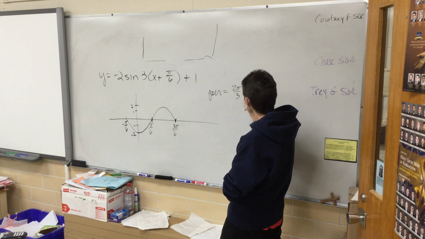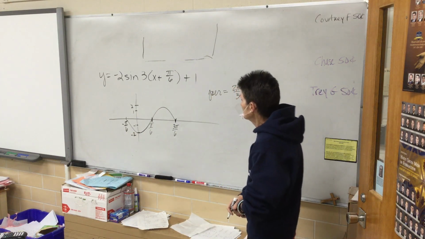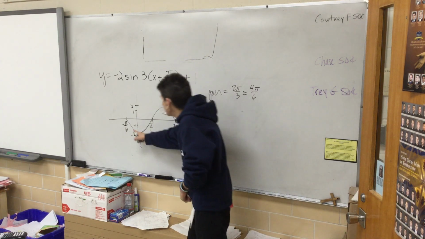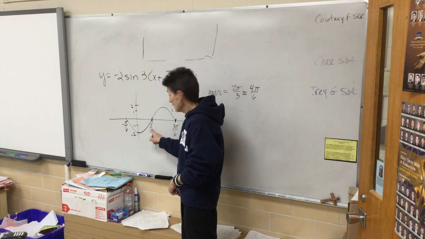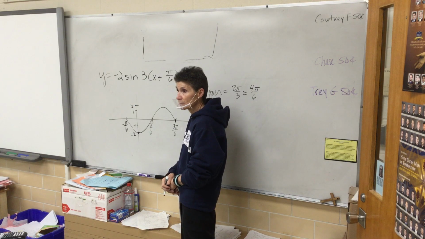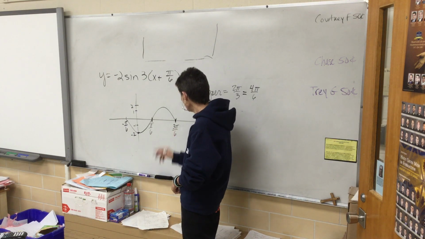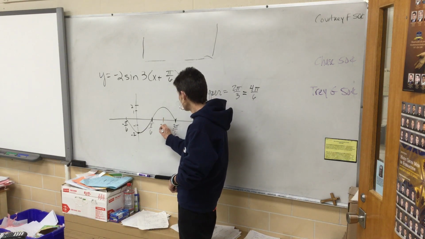I just wrote it with a 6 because I knew I was going to be adding it to here. Now, -1 and +1 is going to make 0. So this is actually the low point of the graph right there. And 1 and 3 makes 4, and half of that is 2.